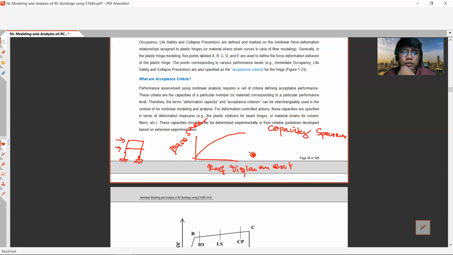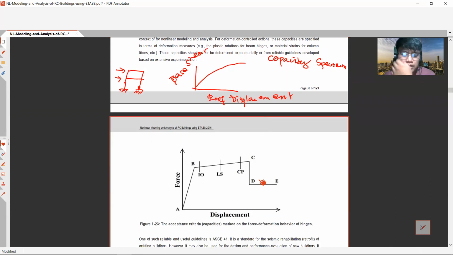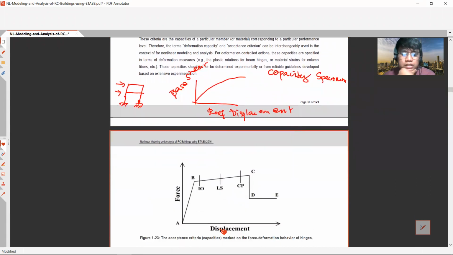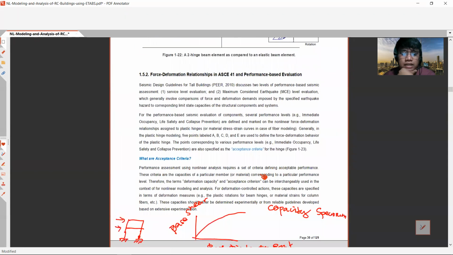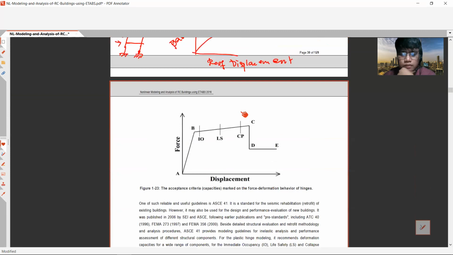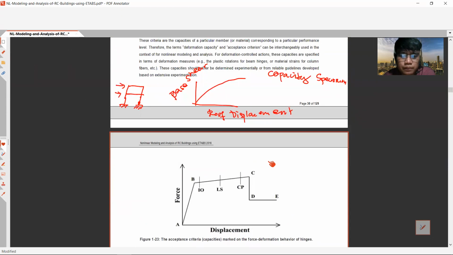What are the acceptance criteria? For the acceptance criteria, it's this one, the acceptance criteria based on the ASCE 41. It is marked as IO, immediate occupancy, life safety, and collapse prevention.